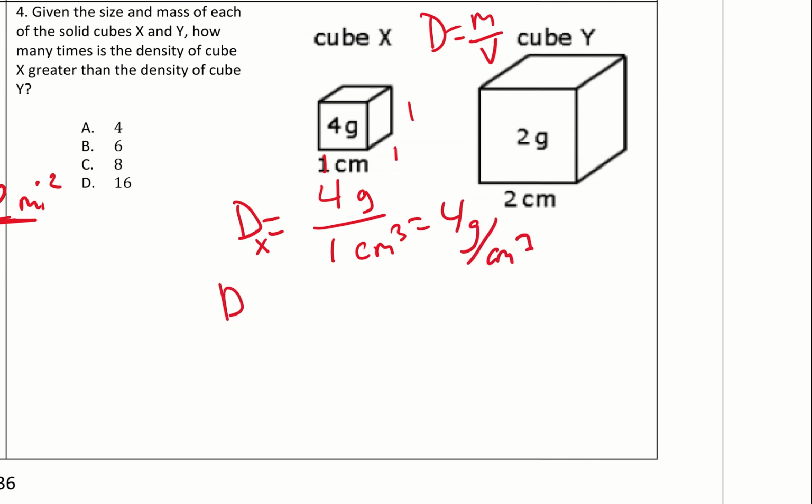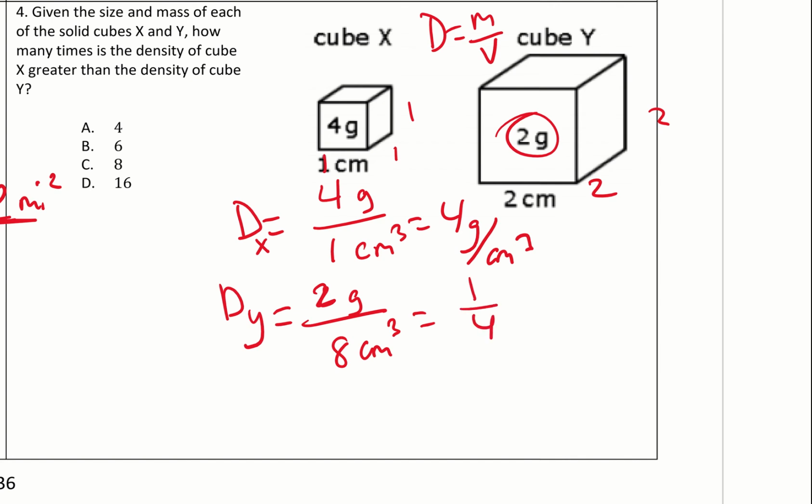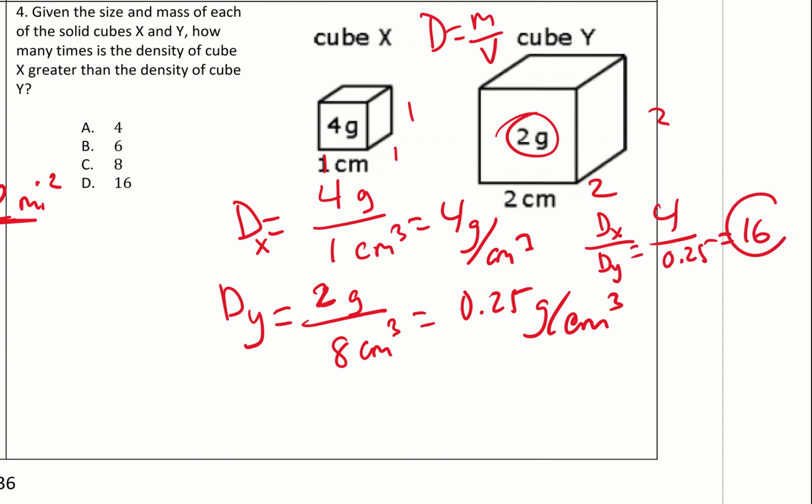Now the density for y is mass divided by the volume, which is 2 by 2 by 2, which is 8 centimeters cubed, so 2 over 8, which is 1/4, or 0.25. So then if I want to figure out how many times greater, I just got to do the x density divided by the y density, which is 4 divided by 0.25, which is 16. So it's 16 times greater in density.